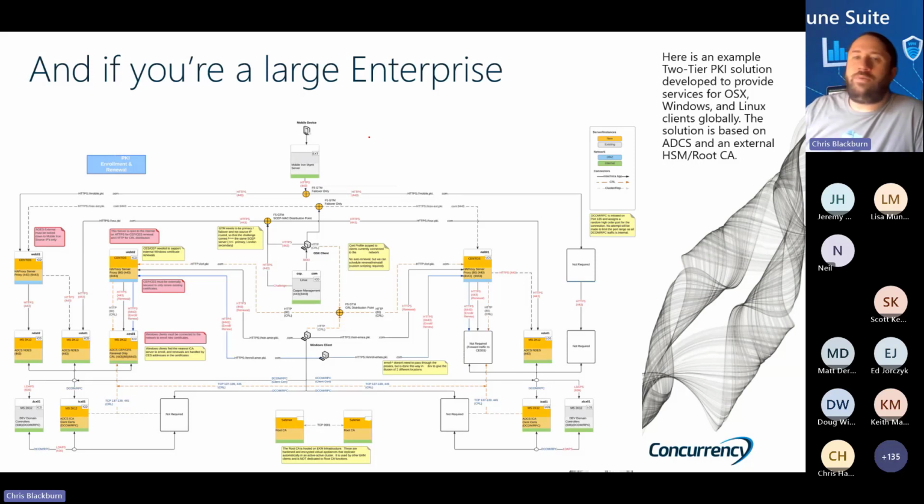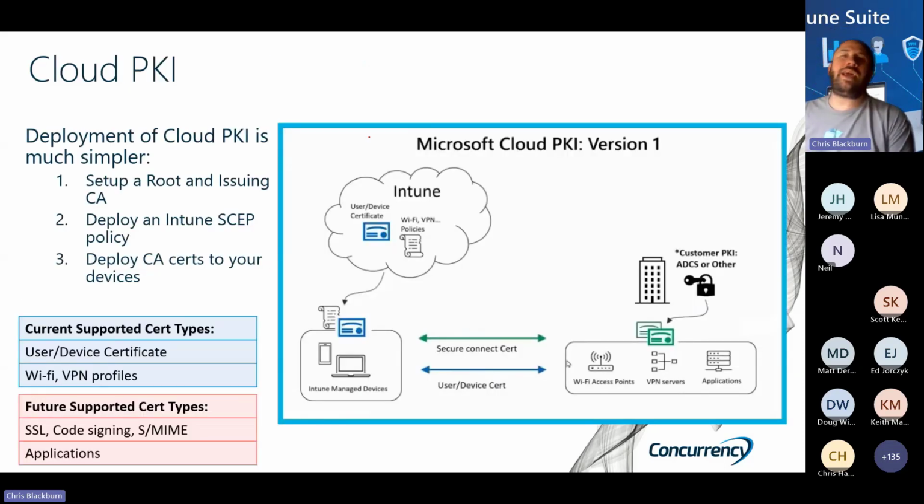A CA deployment can get very complex based on the size of the organization, and not having to manage the infrastructure, the network, and the underlying software is a godsend for IT administrators. And in looking at the Microsoft PKI solution, it's very straightforward.